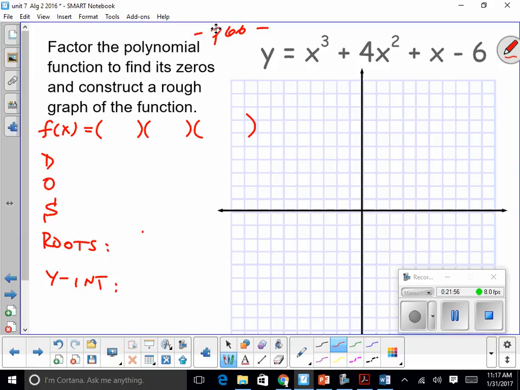Who said 3? All right, listen up. When it's in standard form, that is, it's not factored form, you just take the highest exponent. There is the degree.